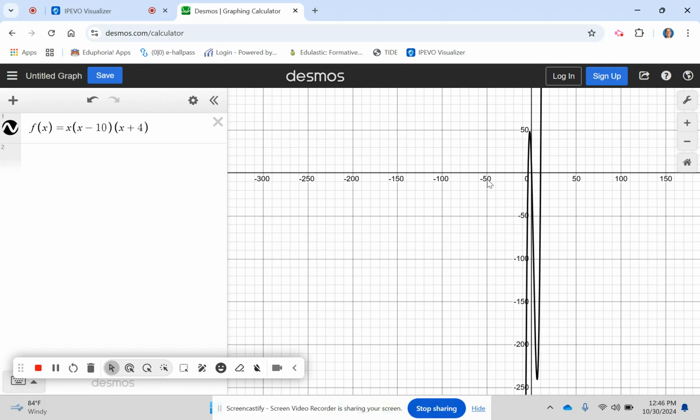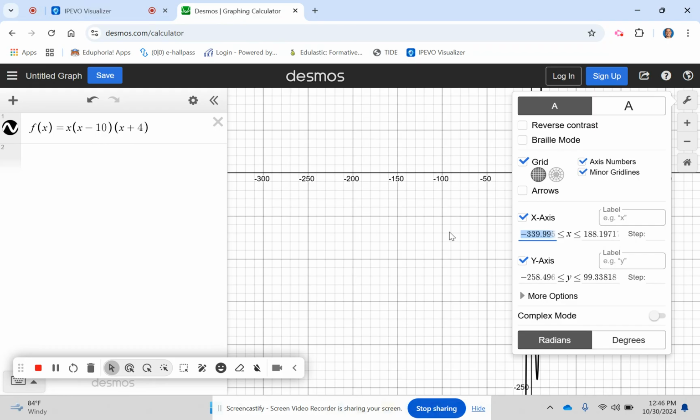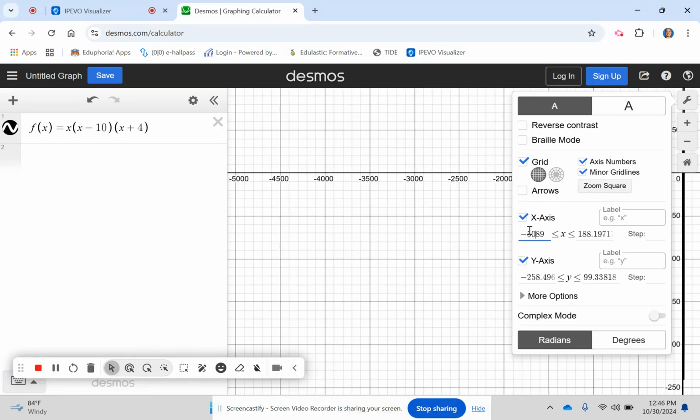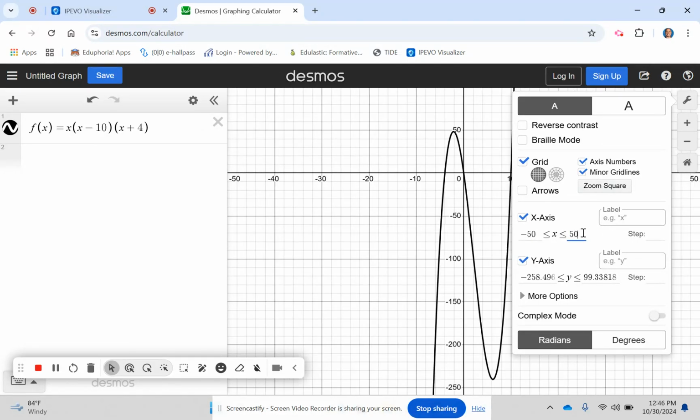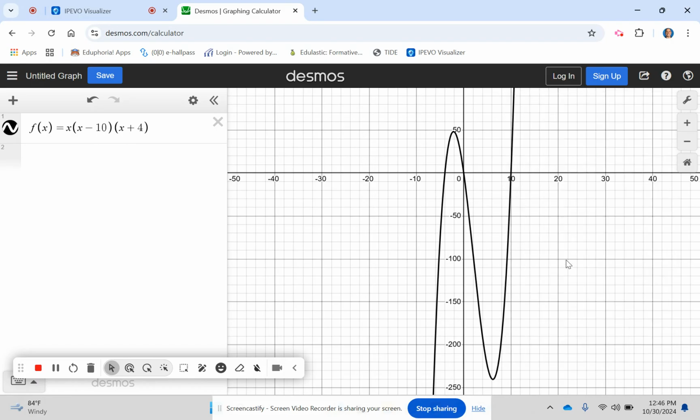So I'm going to go from -50 to 50, and then -250 to 50. And actually, I think the -50 to 50 was enough. Now we see our curve.